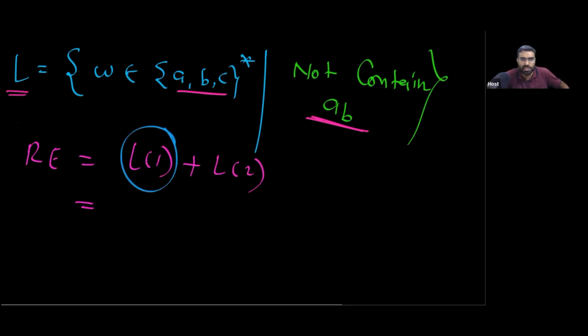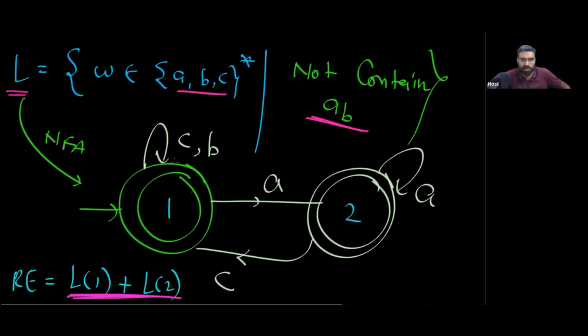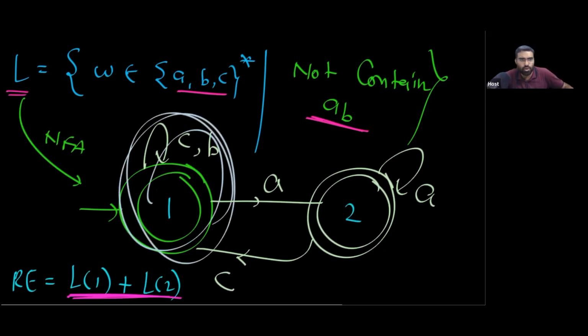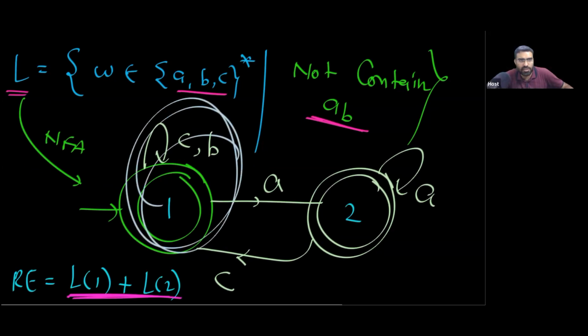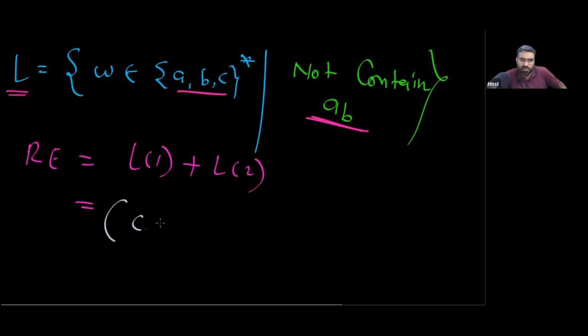Regular expression for state 1: what is that? You can easily notice which strings will take you to state 1. These strings will take you to state 1: (C or B or A star C) whole star. This is your L1.